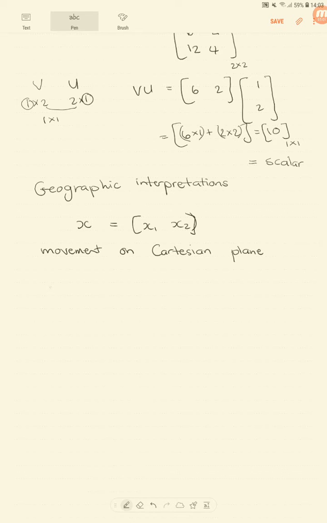So for example, if we have u equal to 1 and 2 and v equal to 5 and 1, this will be x1, x2 on a plane of x1 and x2. If we take u, x1 is equal to 1 and x2 is equal to 2, that would be that point. So the vector u, indicated with an arrow, is 1, 2.